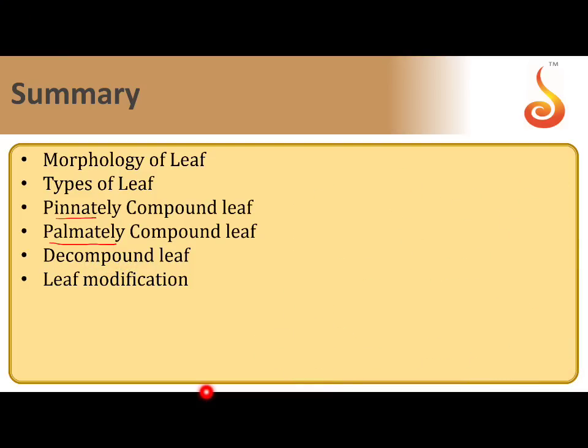Then we moved on to the last section of the chapter, leaf modification. We saw several modifications. First of all, we saw insectivorous plants. Insectivorous plants are pitcher plant, Utricularia and sundew plants, where they were growing in nitrogen deficient conditions, where they require nitrogen from insects since the soil or water could not provide it.